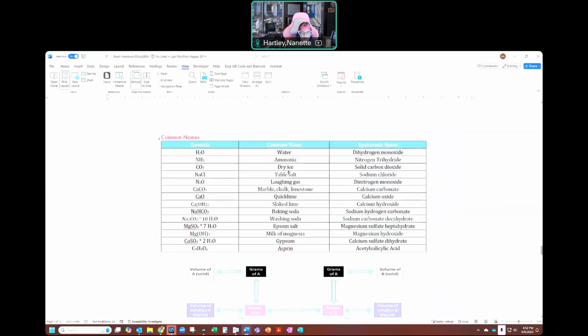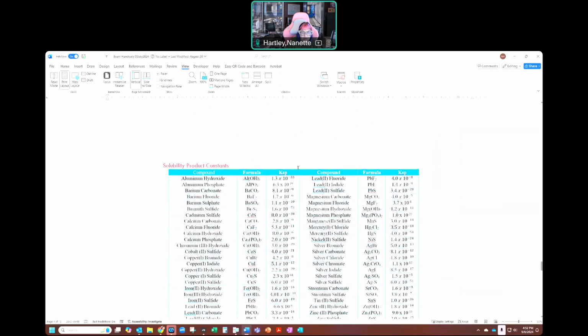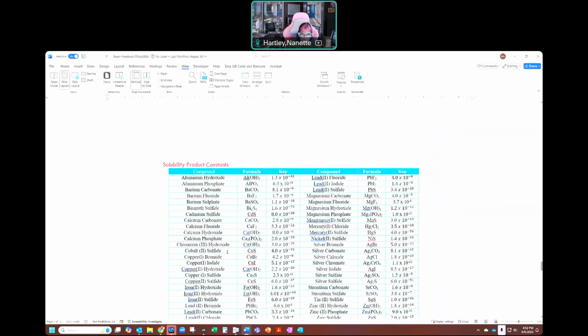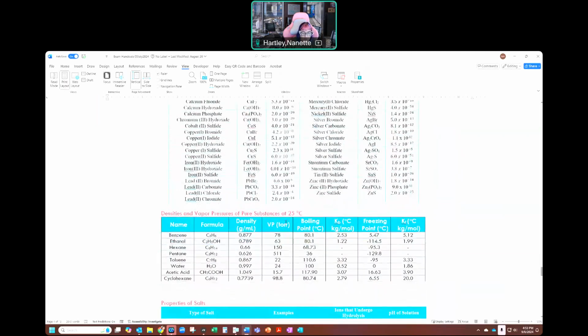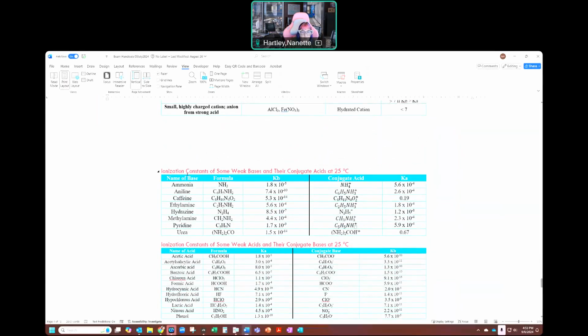Other places that we will see this. This is a measure of how soluble they are. So high solubility product constants mean that they are very soluble. Low, small numbers here mean that they are not soluble. Ionization constants of weak bases and weak acids mean that these things do not come apart well.